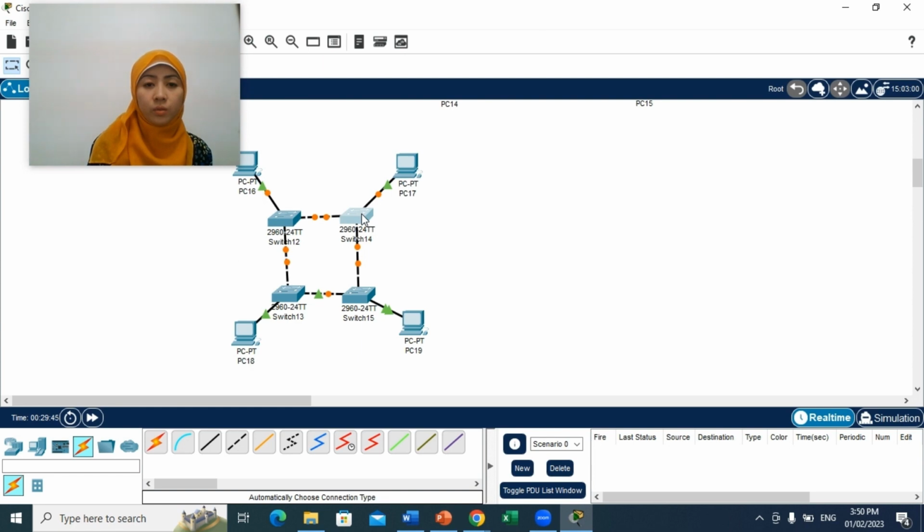There you go. We have already one kind of topology. Then next, I will do the bus topology. For bus topology, you can use another end device such as a laptop.